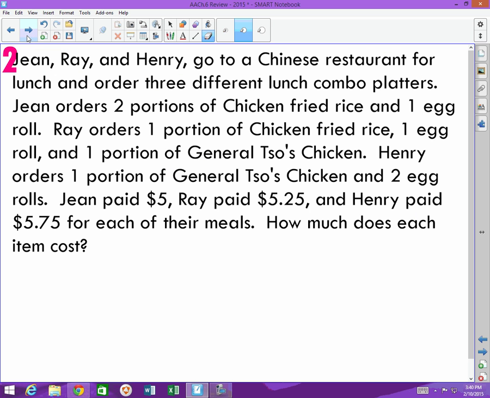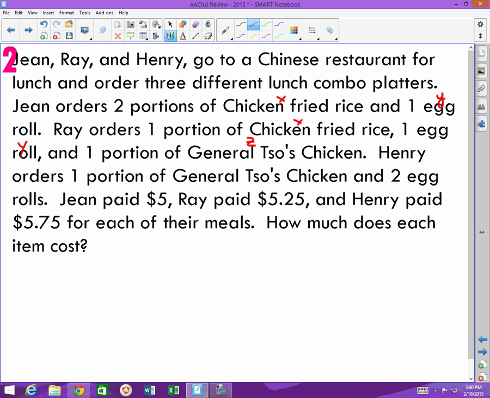So now we are going to get into solving a system of equations given a question. So here we have Gene and Ray and Henry go out to eat. Gene orders 2 portions of chicken fried rice and 1 egg roll. So we'll call the chicken fried rice X, egg roll Y. Ray orders 1 chicken fried rice, 1 egg roll, and also a portion of General Tso's chicken.